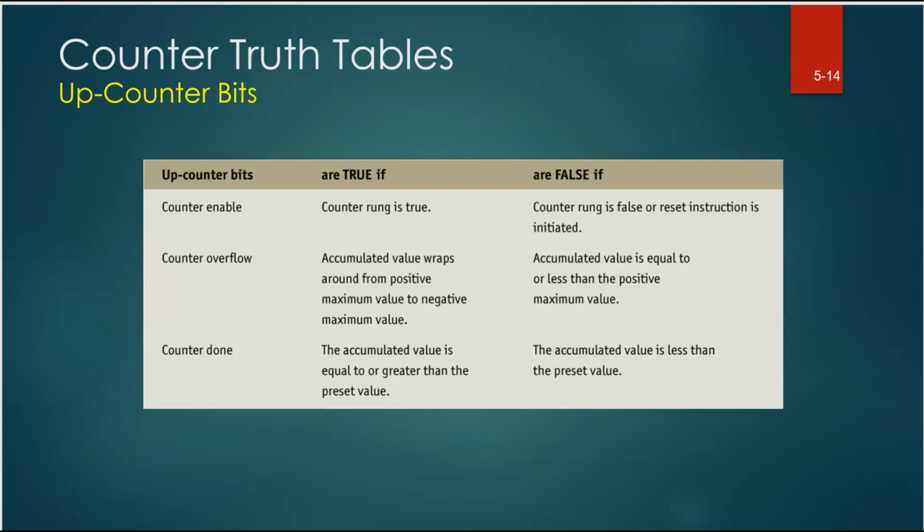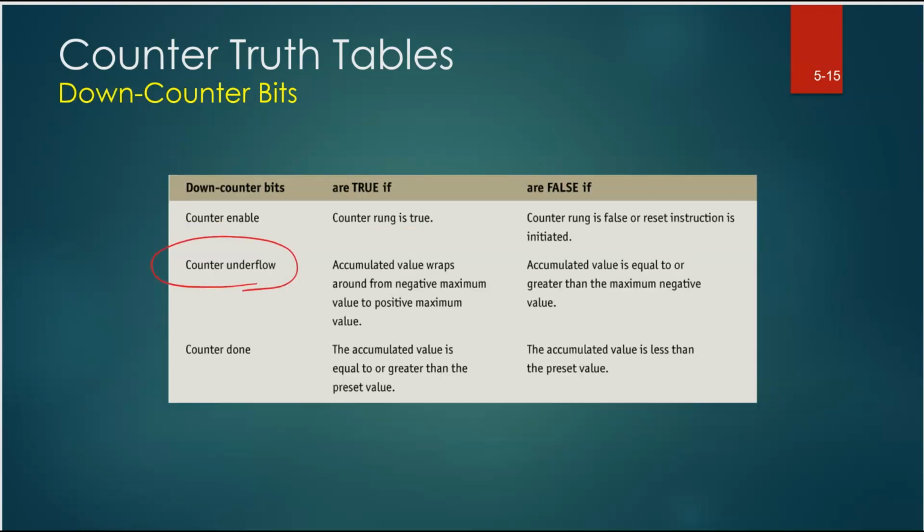In this table, you can see the detail about your counter bits. So it's telling you that your counter enable bit is true when your counter rung is true, and it's false if your counter rung is false. Then you have counter overflow, and whenever your accumulated value wraps around from your maximum positive number to maximum negative value, it will turn the overflow bit, or underflow bit in the other scenario, into 1.